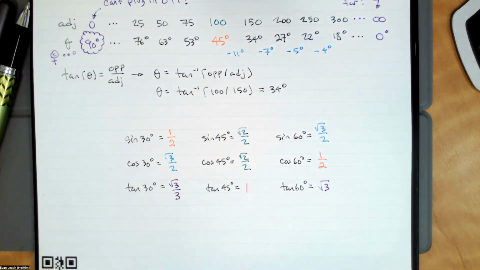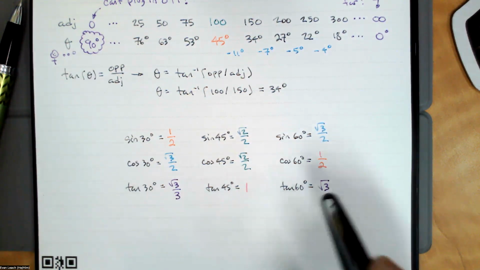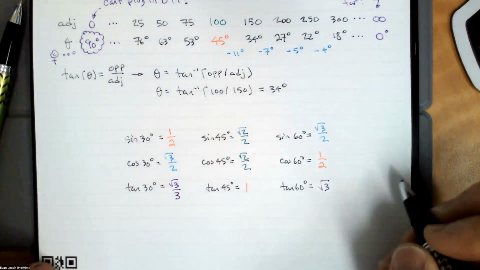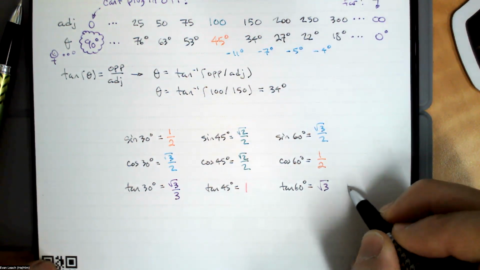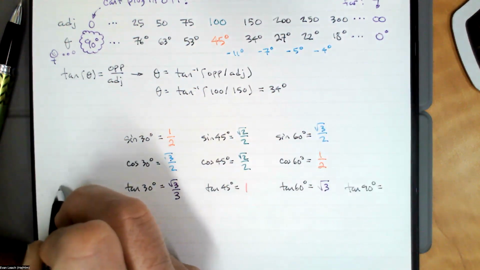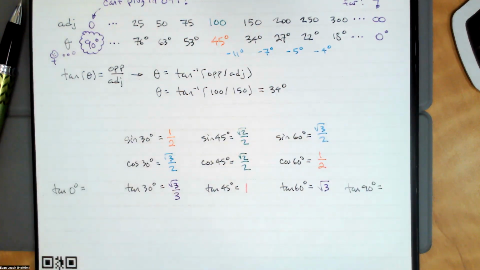We've got 30, 45, and 60. We want to know all the way around that first quadrant. I want to include 90 degrees and 0 degrees. And I wanted to think about it rather than just calculate it on our calculating machine.